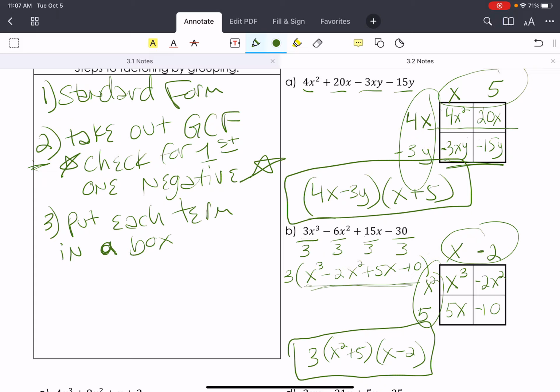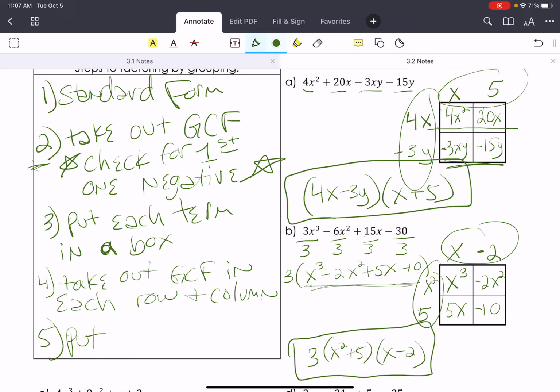Okay, so step 4 for our factor by grouping is, take out your greatest common factor, your GCF, in each row and column.